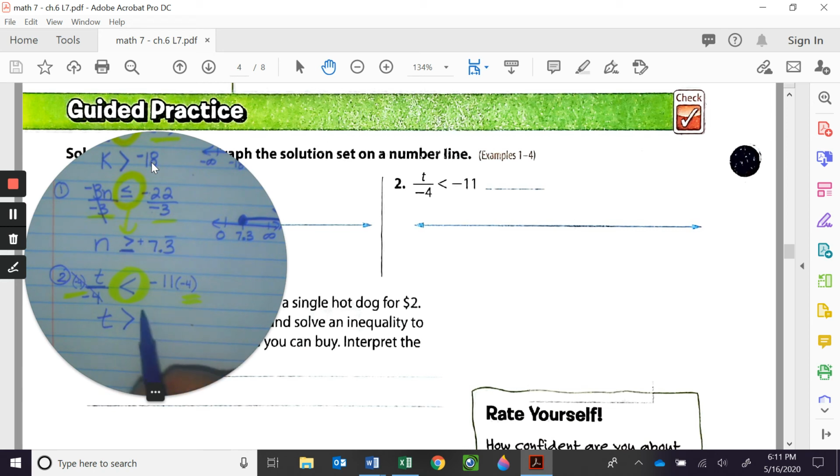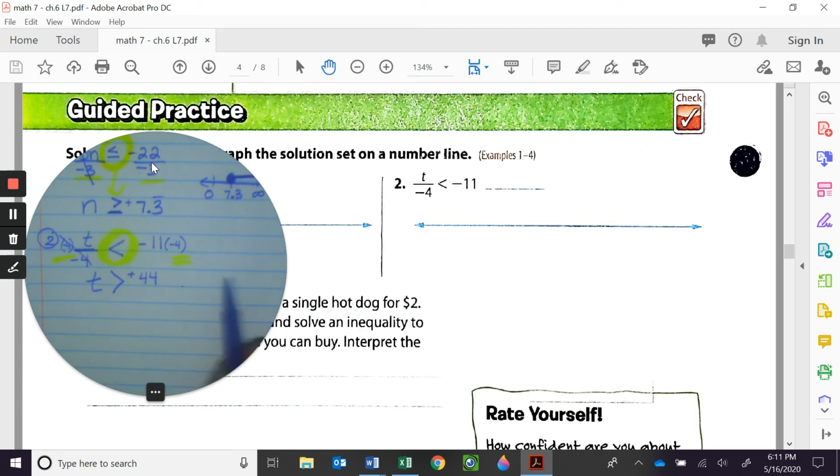Negative times a negative is a positive. 11 times 4 is 44. All right, so now we graph that. 44 here. Zero is to your left, towards the negatives, and positive infinity is to your right. It is just greater than, so we have an open circle, and it is greater, so we need to go bigger.